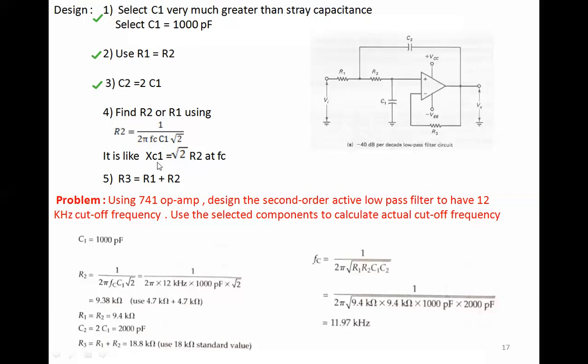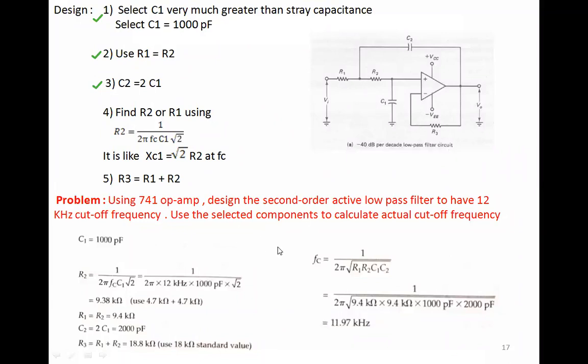So XC1 also I can calculate. Then R3 is equal to, so this resistance R3 will be a combination of both R1 and R2. Whatever is the value here for R1 and R2, I'm going to add that, and R3 is going to be the final value.